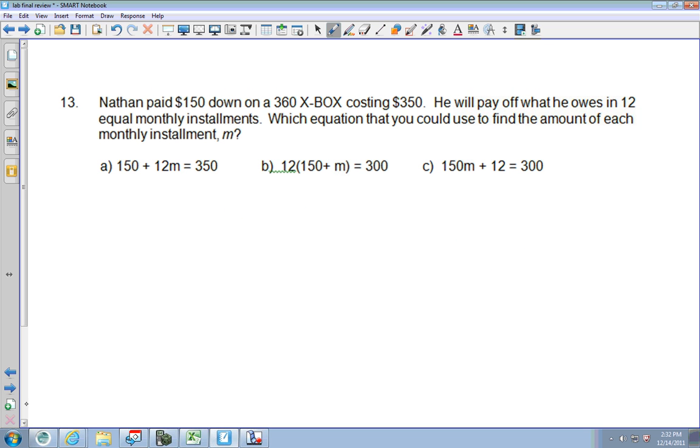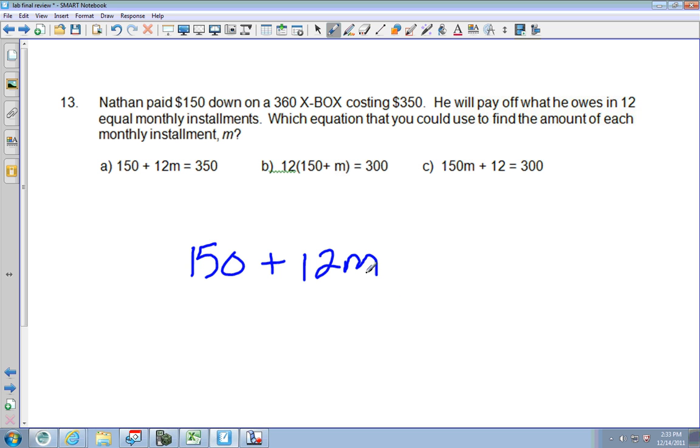Next, Nathan paid $150 down on a 360 Xbox costing $350. He will pay off what he owes in 12 equal monthly payments. Which equation could he use to find the amount of each monthly installment? Well, first off, what was the amount that he first put down? He put down $150. Plus, he's going to make 12 payments of the exact same amount.